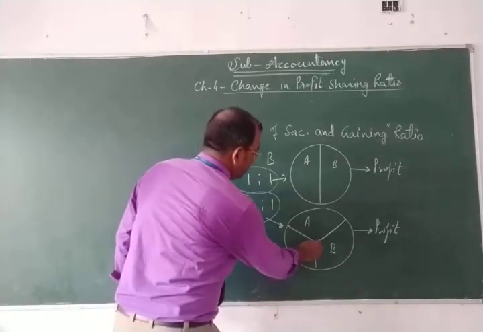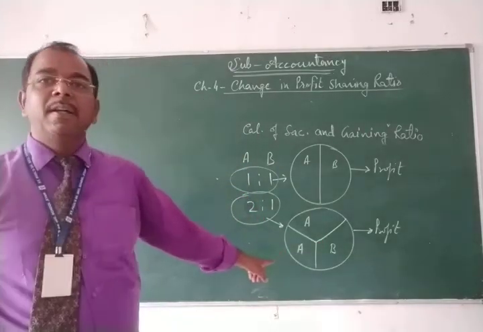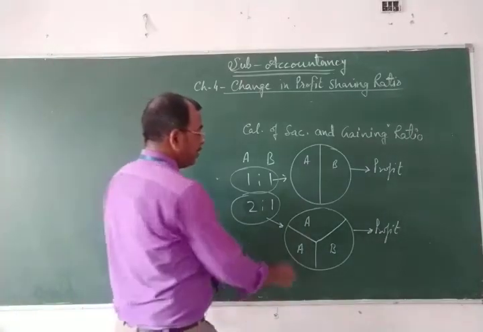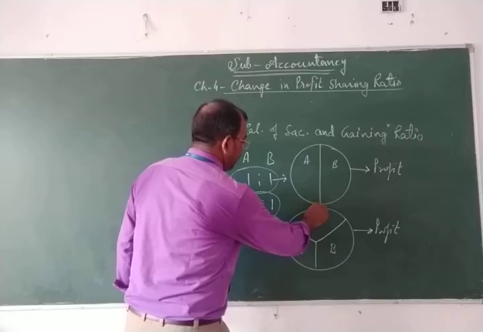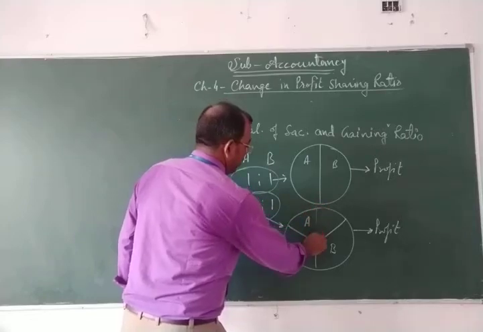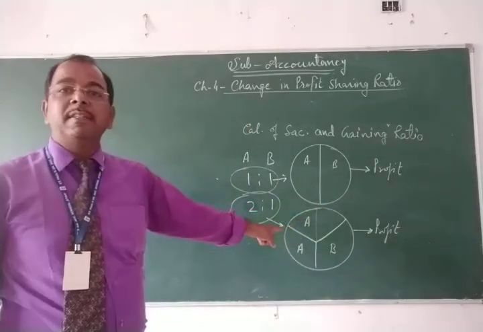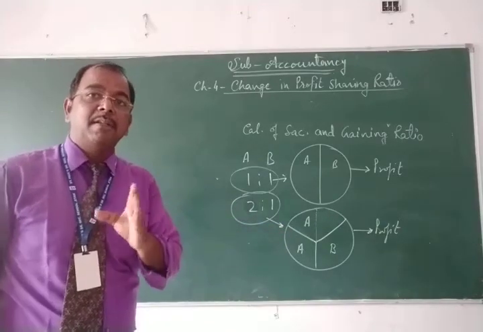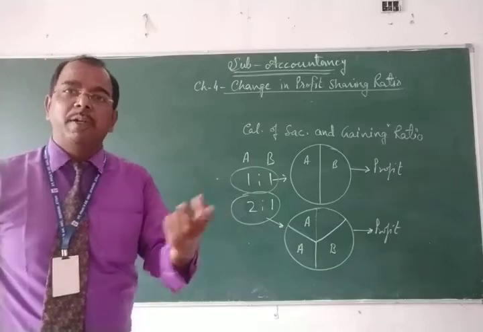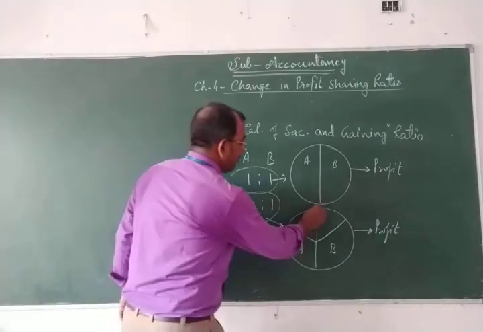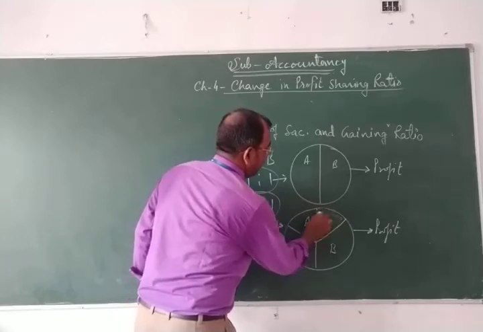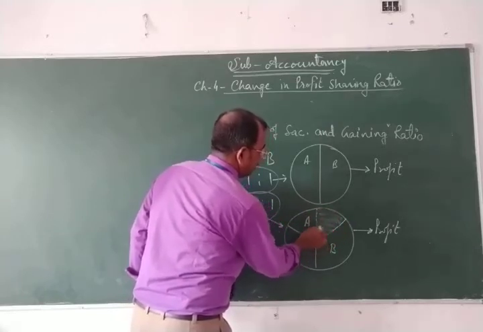So here, students, it is clearly visible that A has gained something. What amount of profit is gained by A? Earlier it was distributed in 2 units, 1 is to 1, but now it is 2 to 1.